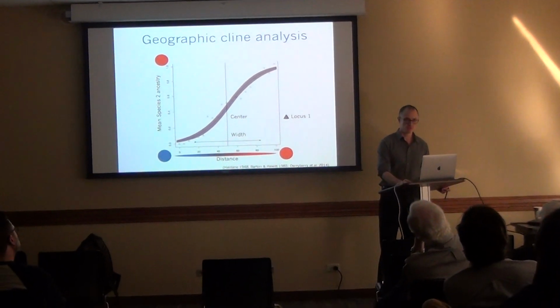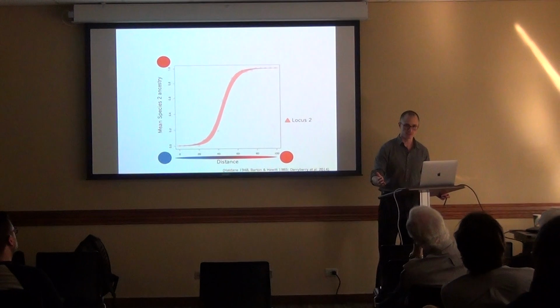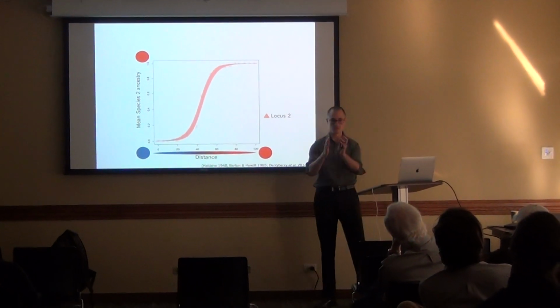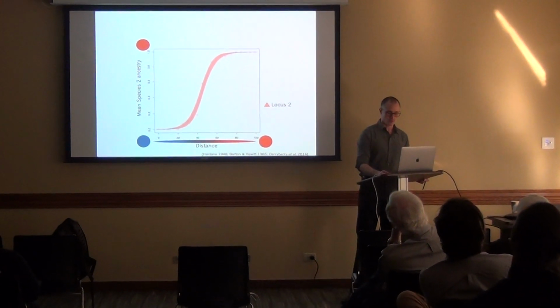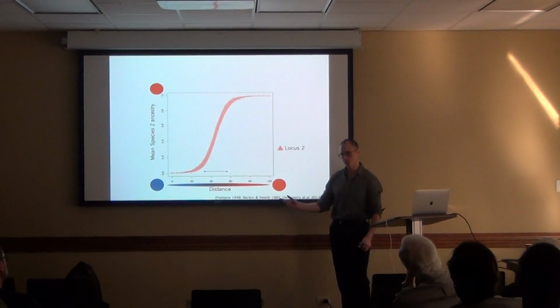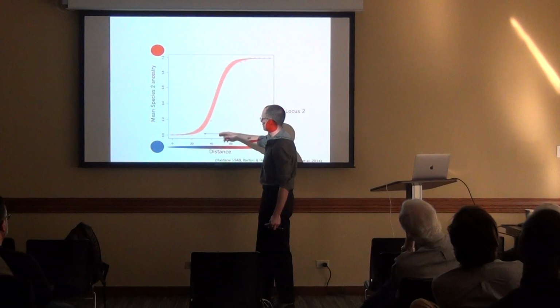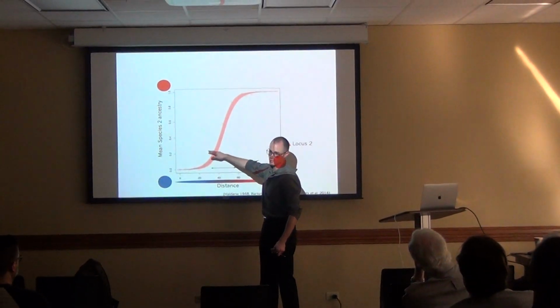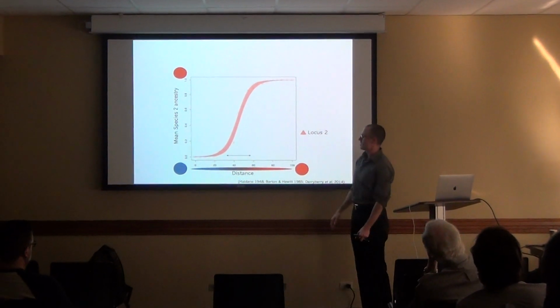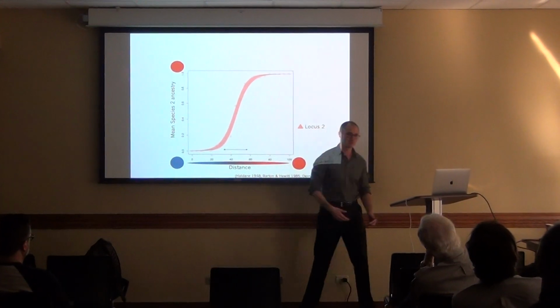So if I show you gene 2, what's different? It's narrow now, right? So we can see that the width is reduced. So there are fewer individuals here. In reality, we should expect them to have 20% from red, but now we see that they have probably 10%.